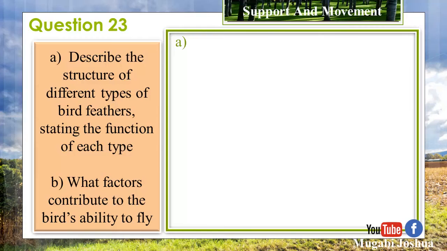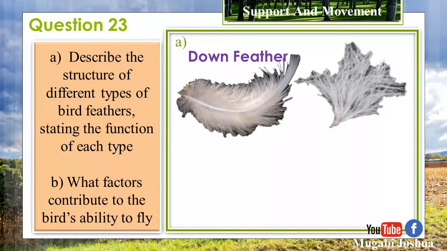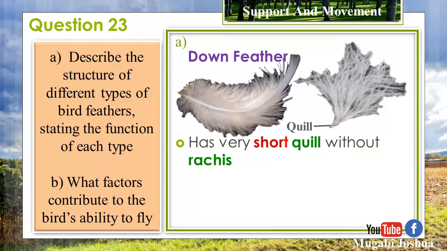Another type of feather is what we call the down feather. If you look at the down feather, it has a very short quill without a rachis.